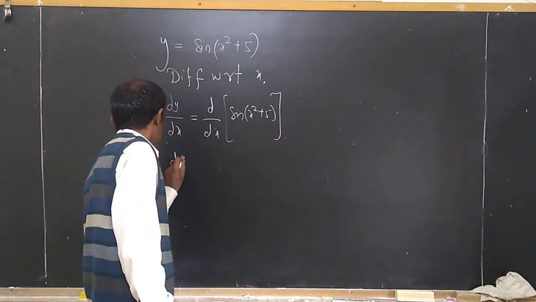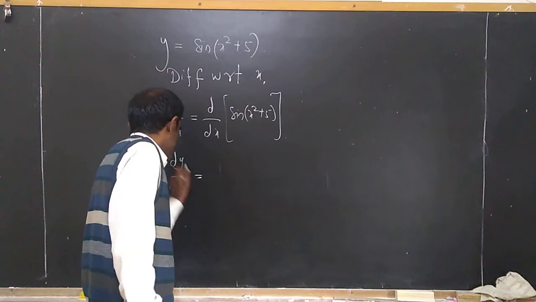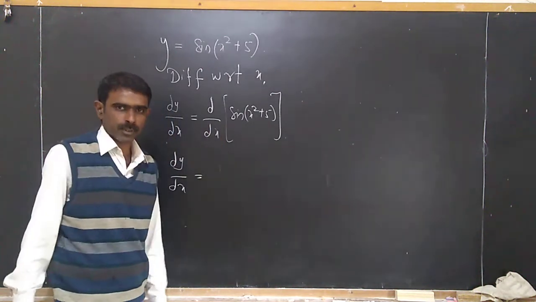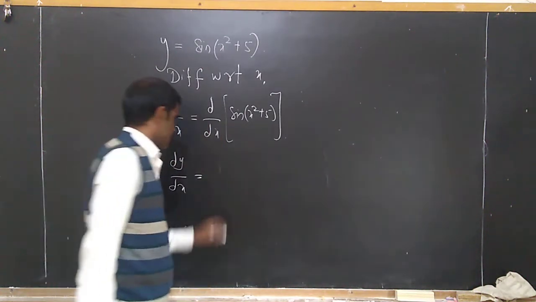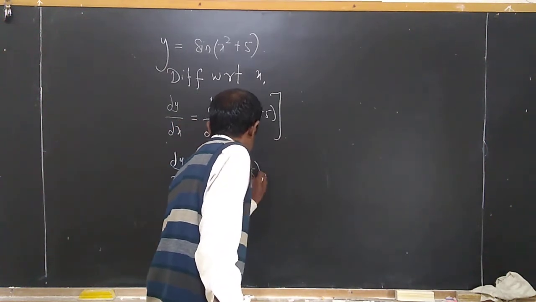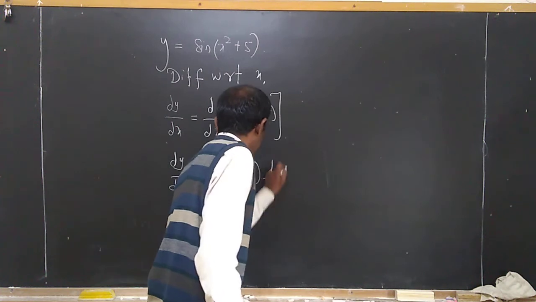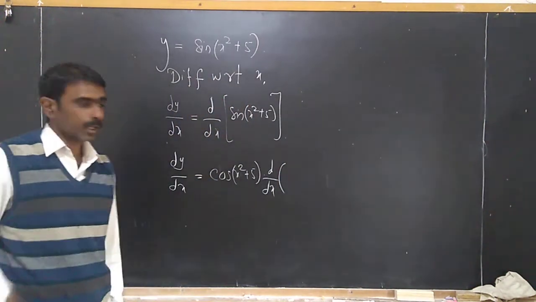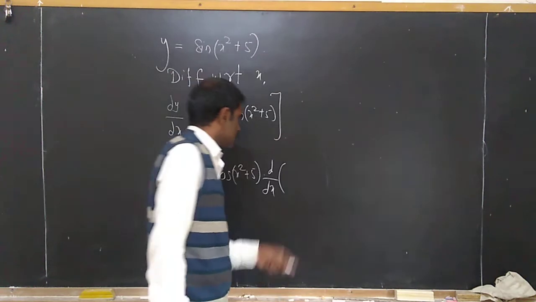So dy by dx will be equal to the derivative of the outer function, that is sine x is cos x. So this will be cos of x square plus 5 into the derivative of the inner function. The inner function is x square plus 5.